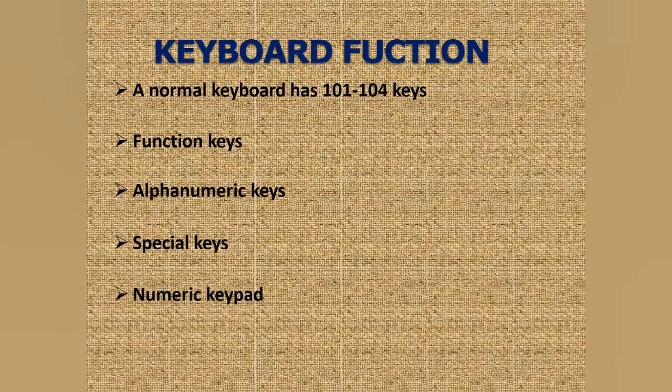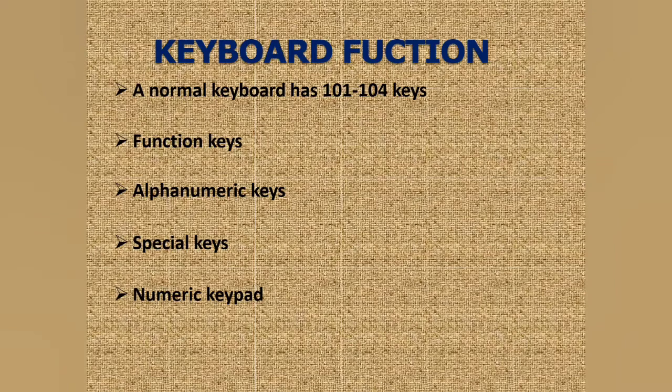And the last category is the numeric keypad. It contains the numbers 0 to 9 and other symbols like adding, subtracting, multiplication and finding out the percentage, that is symbols like @, exclamation, open bracket, close bracket, etc. So, each and every data, whatever we are giving as input, we will be using these symbols.